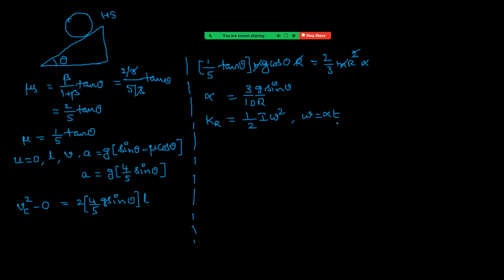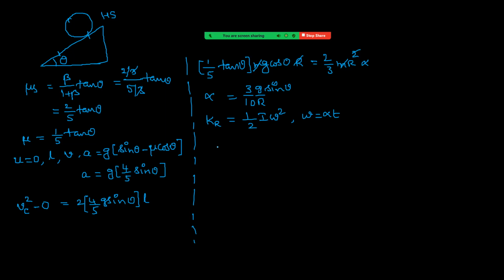So to find t value, see what we can do. Here displacement equal to L. Acceleration is known. How much acceleration? 4g sine theta by 5. So from this we can find time taken, right? So how can we find?